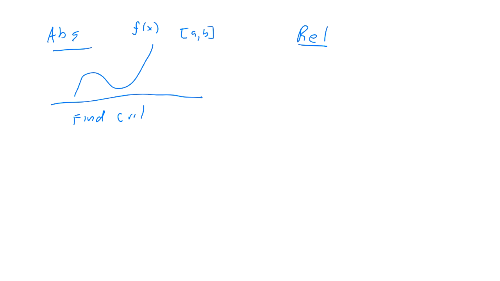So the inputs are a function f of x and a closed interval from a to b. And the method is, first of all, you find the critical numbers. The critical numbers are anywhere where the first derivative is either 0 or undefined. And then you make a table.